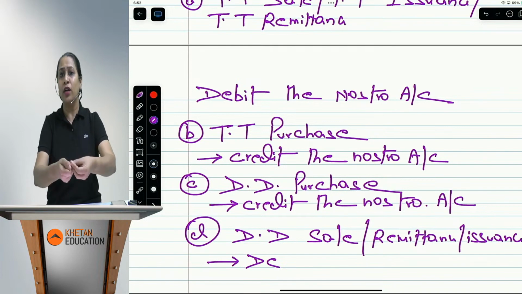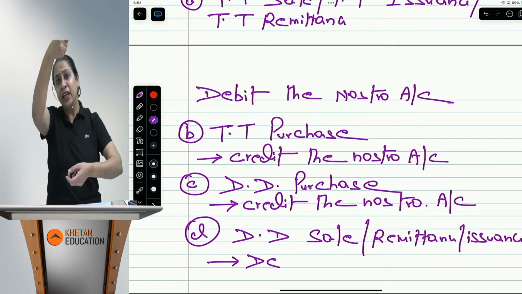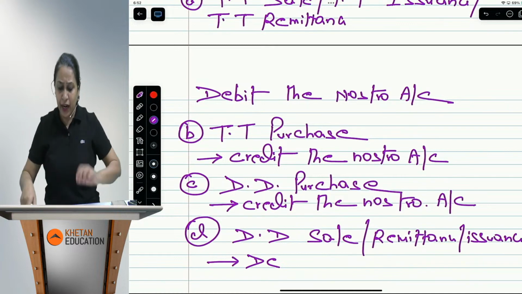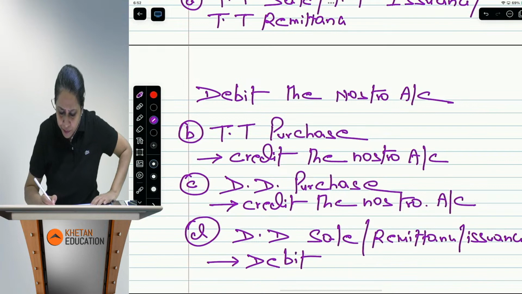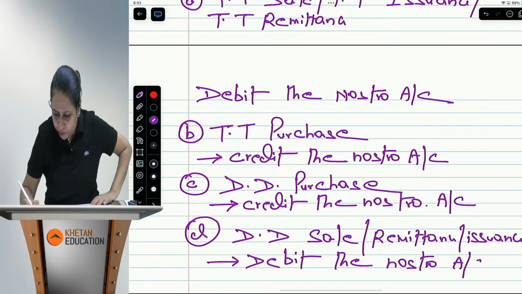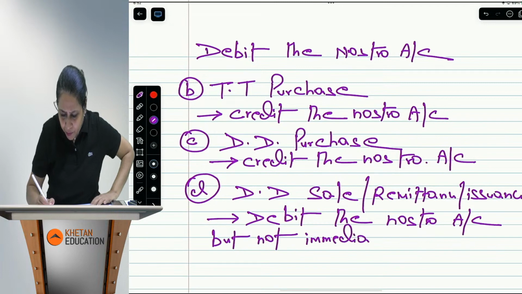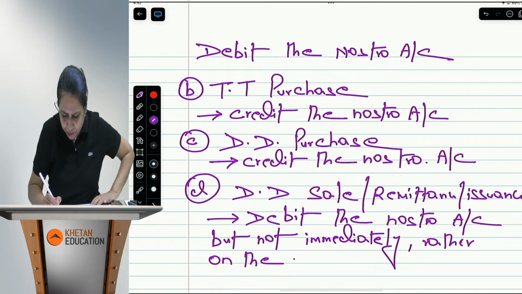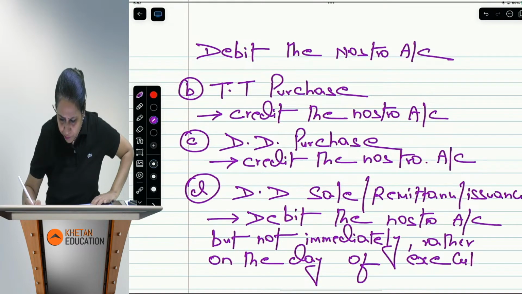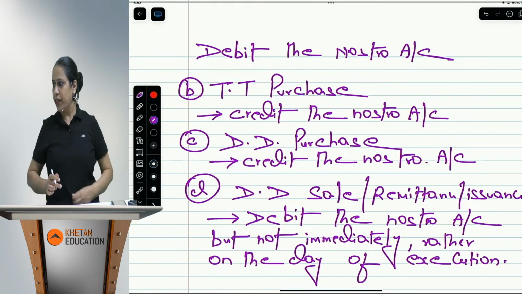So those $100 would be debited when the DD is presented and hence debit the nostro account, but not immediately, rather on the day of execution. I think we are sorted here, correct?